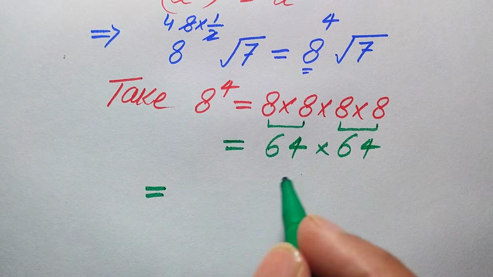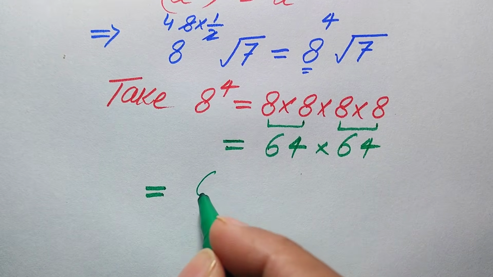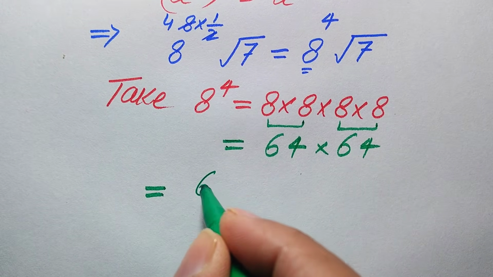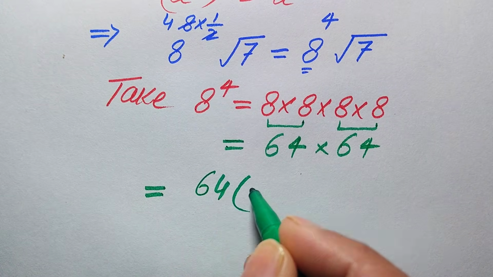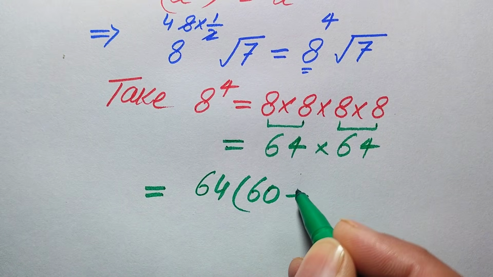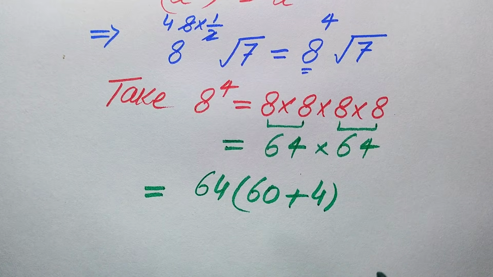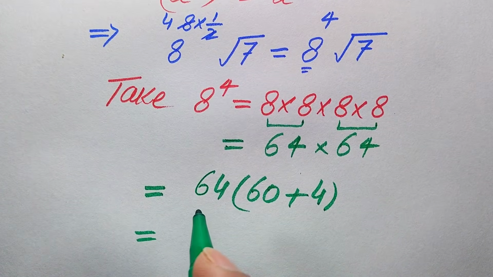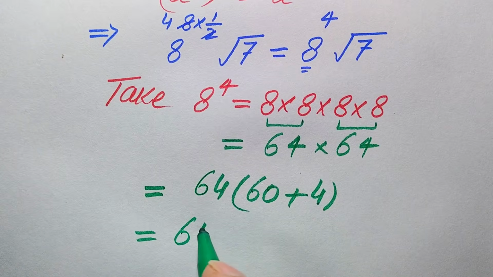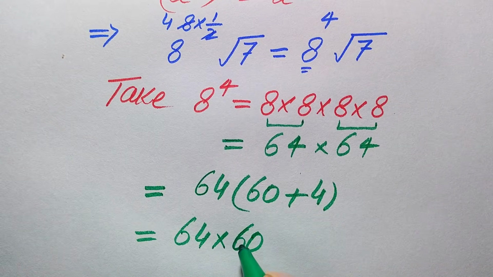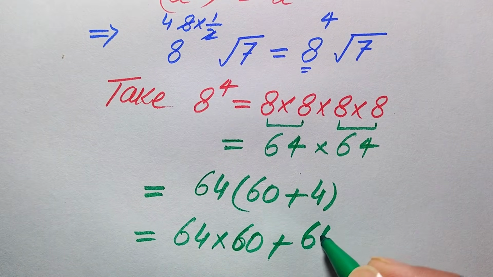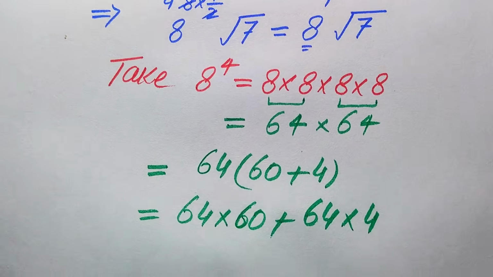So here we break this 64 in the form of hundreds, and we write this 64 as 60 plus 4. Further we multiply 64 separately by both of these two values, and it will become 64 multiplied by 60 plus 64 multiplied by 4.